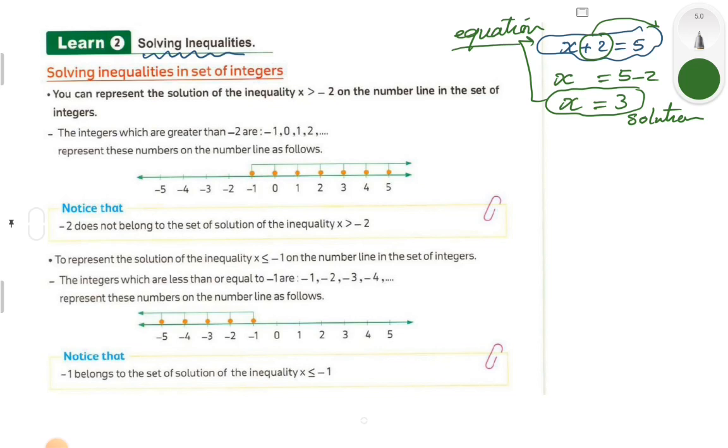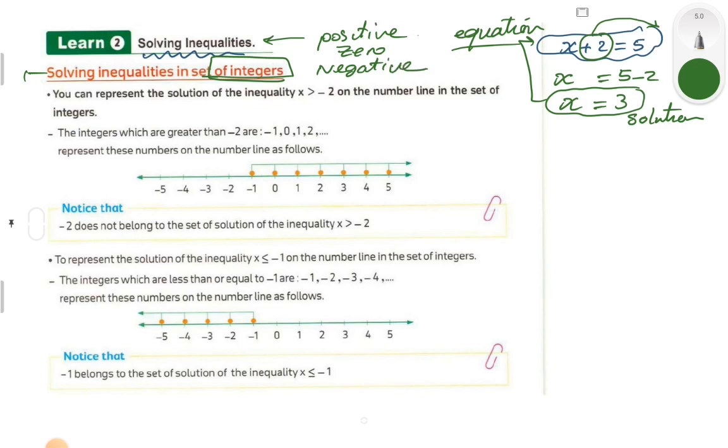Now we have inequalities. So how to solve this inequality? Start number 1. Solving inequalities in the set of integers. What is an integer? An integer may be positive or 0 or maybe negative numbers, right?